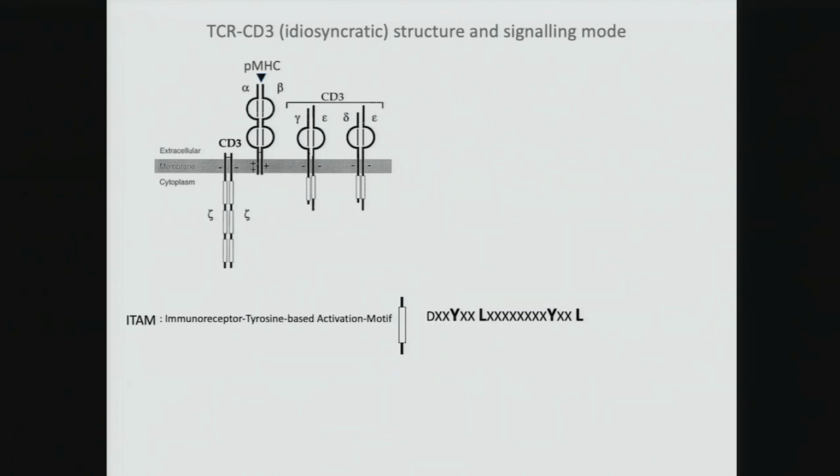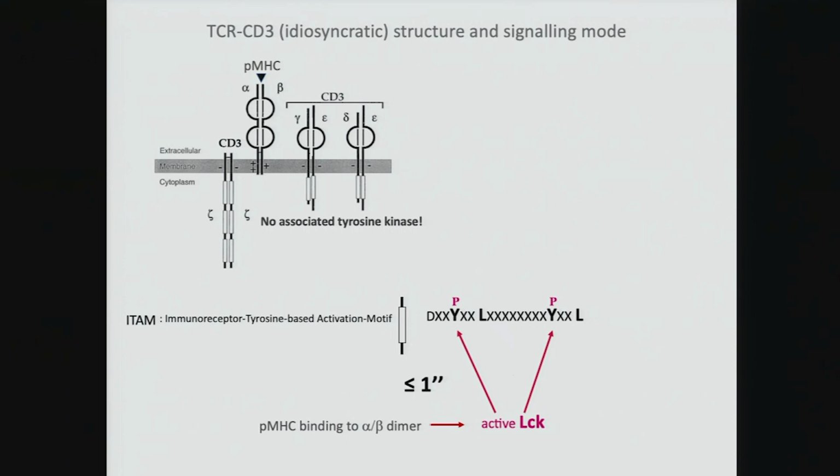Okay, the mystery of this receptor is its complexity, as you can see, and there's no associated tyrosine kinase. It's like a ghost. Biochemically, you cannot really demonstrate it unless you really force the sensitivity, probably to the point of an artifact.